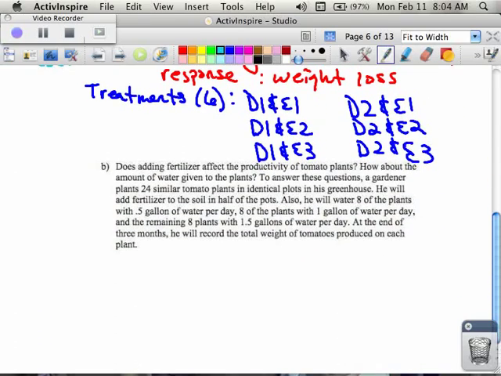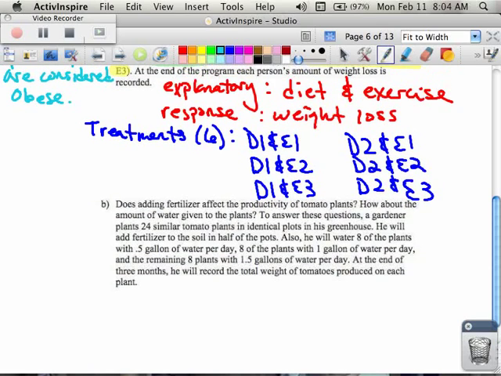In part B, probably the fastest thing that you can come up with are the explanatory and response variables. So for the explanatory, in this particular example, you'd be talking about whether you use fertilizer or not.